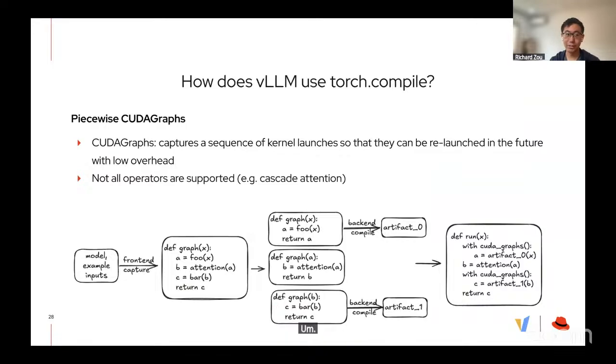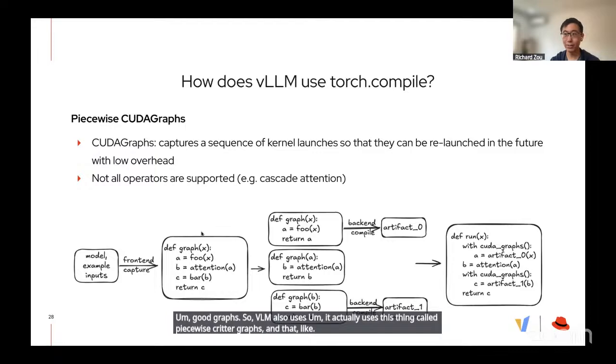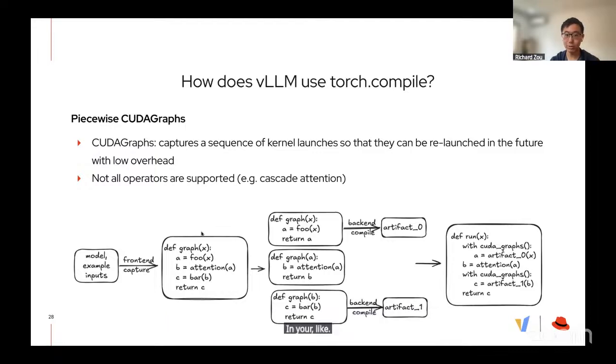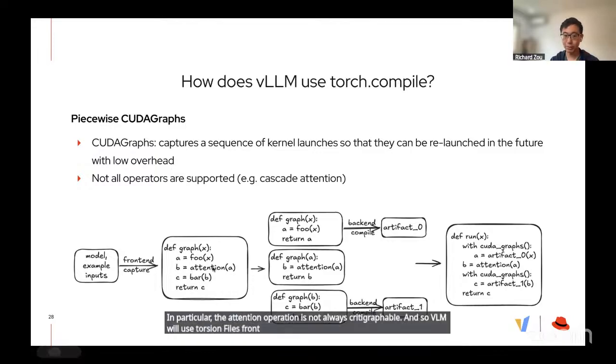CUDA graphs. vLLM also uses CUDA graphs. It actually uses something called piecewise CUDA graphs, in that in your models, some of the operations are not CUDA-graphable. In particular, the attention operation is not always CUDA-graphable. And so vLLM will use torch.compile's frontend to do a graph capture.